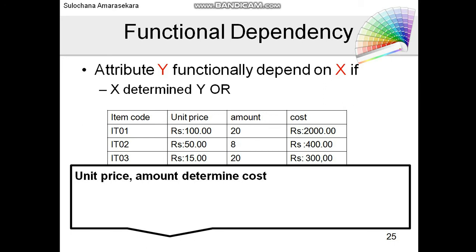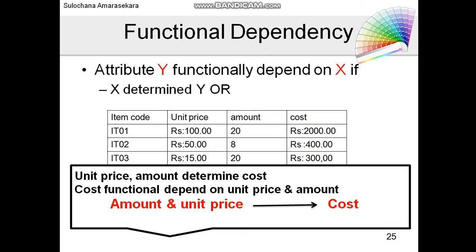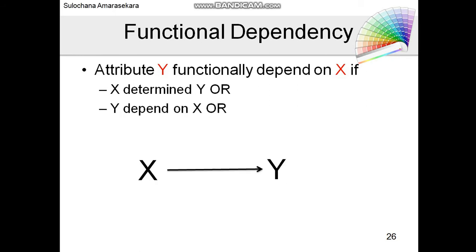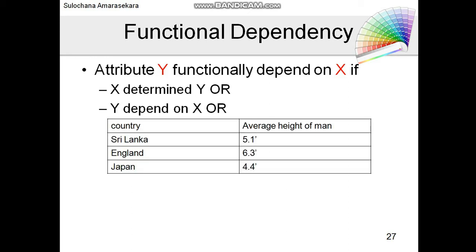In other words, cost functionally depends on unit price and amount, as well as y depends on x, also called y functionally depends on x. Here also I am going to use an example. This is my example. You can see here the average height of men depends on country.